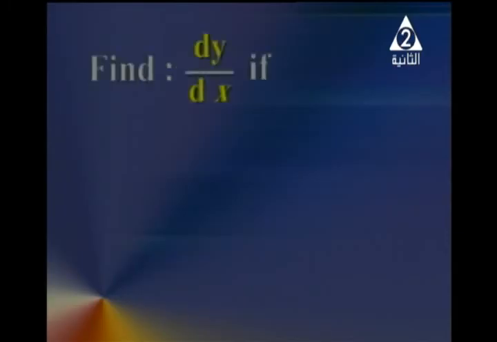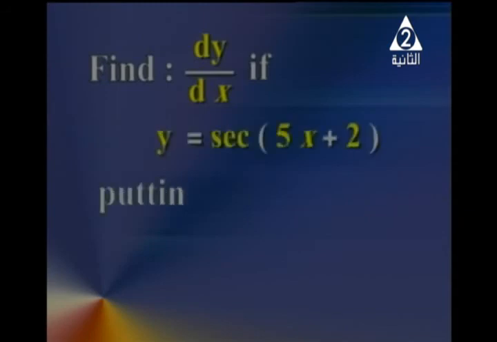Find dy over dx if y equals sec bracket contains 5x plus 2, putting z equals 5x plus 2. Remember, dear student, we have y equals sec multiplied by bracket 5x plus 2. At first, we put z equals 5x plus 2.